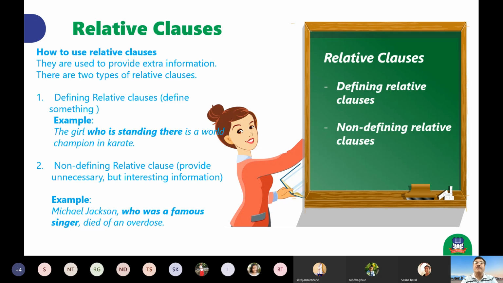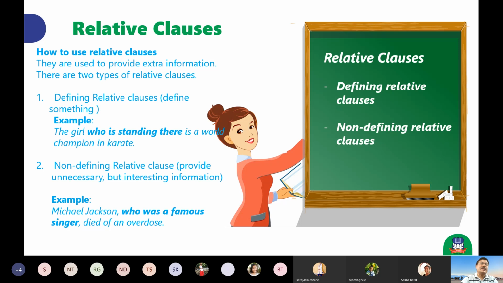The first one, defining relative clauses, we will be practicing at the moment. Non-defining you will study later in higher levels. However, see the example; you have to understand at least.